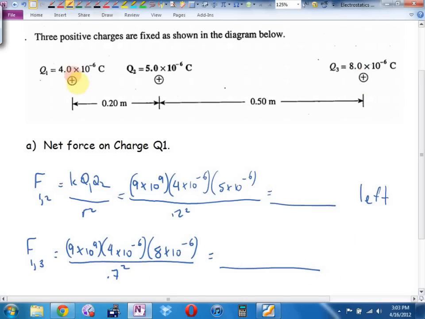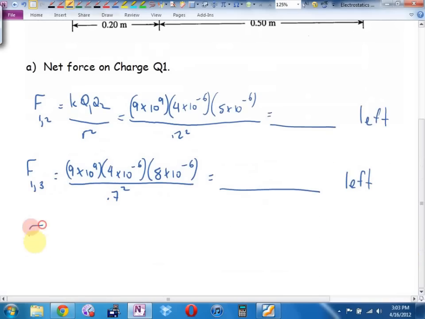This charge here, which way is it pushing this, away to the left, or is it pulling it towards the right? Since they're both to the left, I would add these up and the answer would be to the left, and the units will be newtons. That's what I can do with three charges.